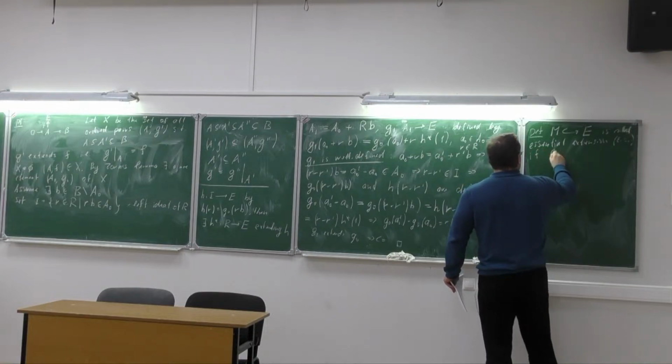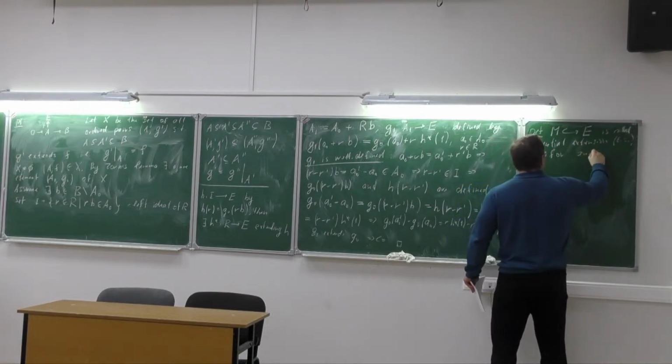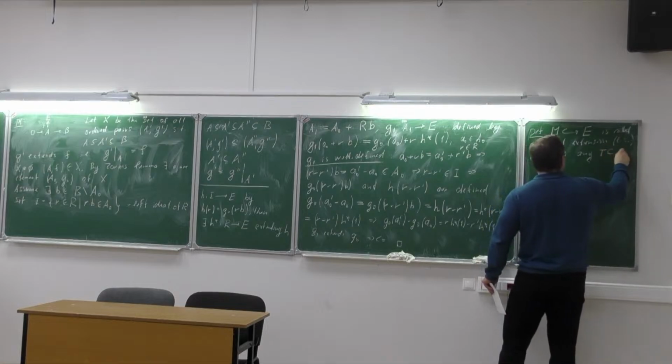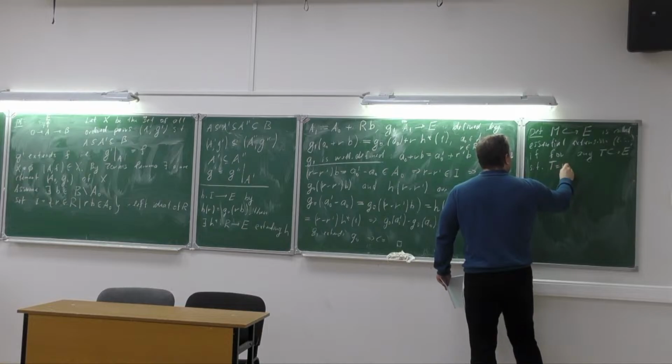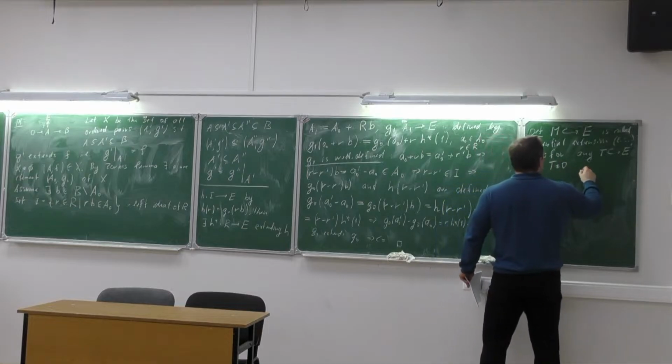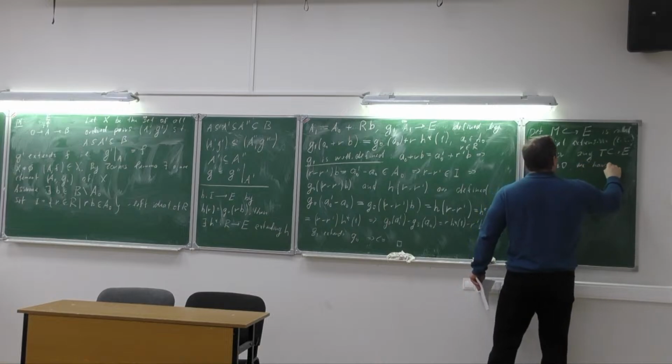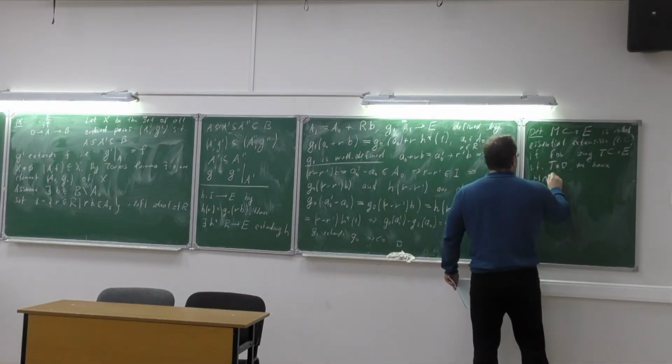If for another submodule T in E such that T is not 0, we have the intersection of M and T is again not 0.